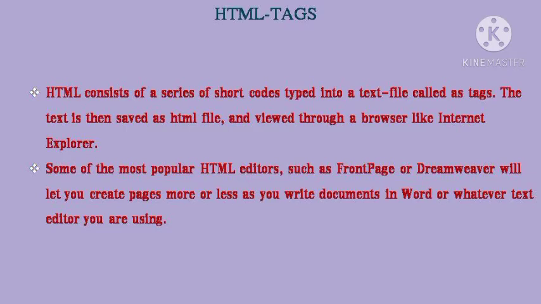Then type your file name with the extension. For example, here myfile.html is the file name, and .html is the extension of the HTML program. Select all files in the save as type box and click on save. Now your HTML file is saved on the desktop.